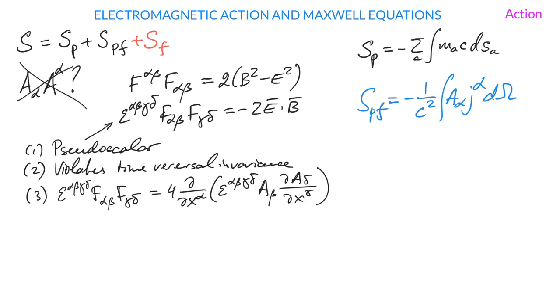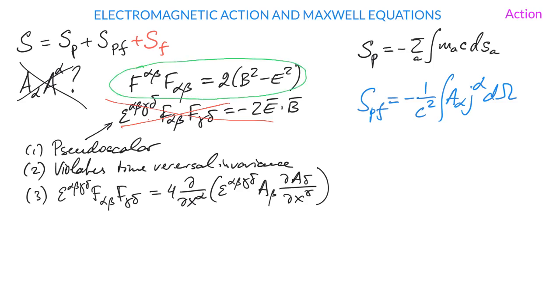Now, the integral will give a surface contribution that, when varied with respect to the trajectories of the field between those hypersurfaces, will just give 0. So this term would not affect the equations of motion at all. So for these reasons, we should exclude the second invariant from the field action and only include the first term.